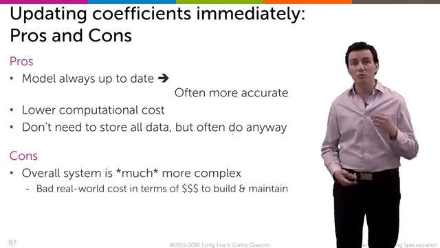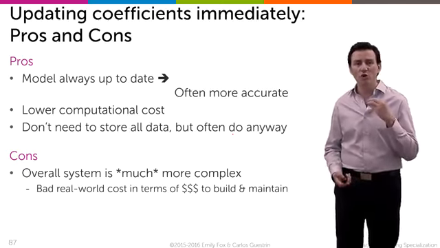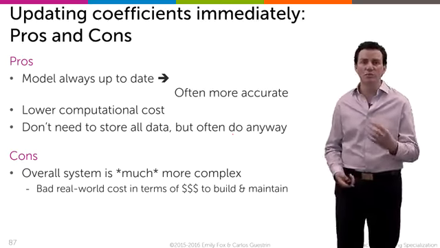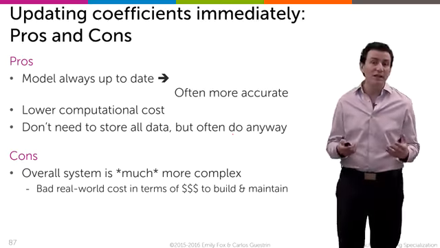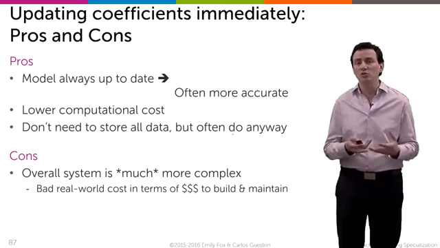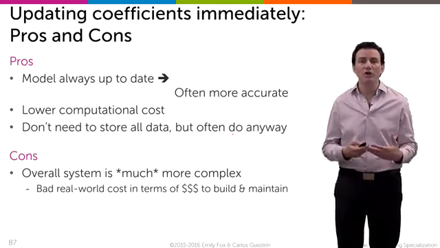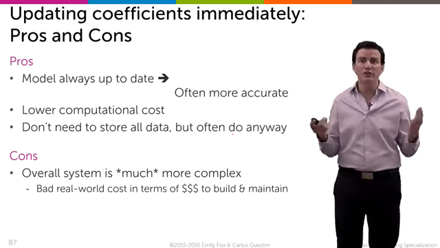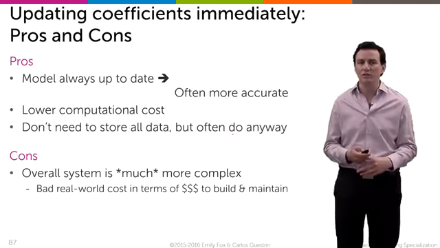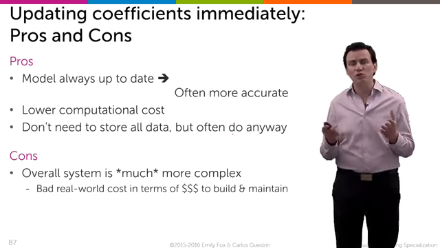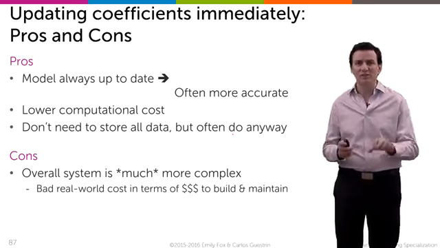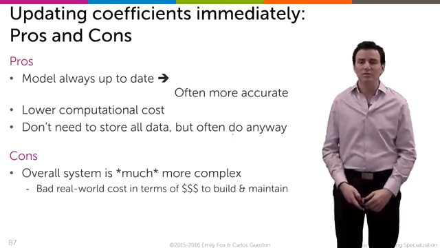So, for example, your model is always up to date. It's always based on the latest data, latest information in the world. It can have lower computational costs because you can use techniques like stochastic gradient that don't have to look at all the data. And in fact, you don't even have to store all the data if it's too massive. However, most people do store the data because they might want to use it later. So that's a side note, but you don't have to.